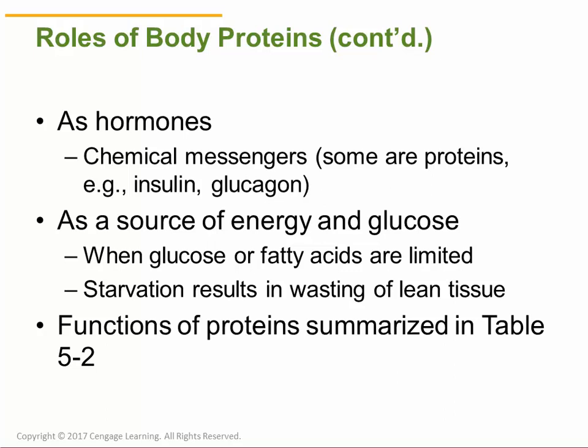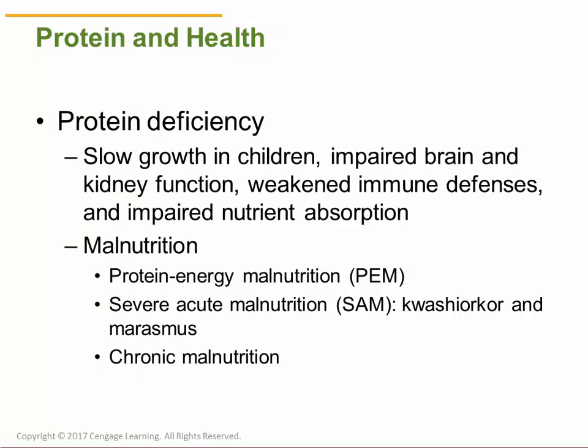And then Table 5.2 actually summarizes all of the functions of your proteins. Okay? Protein deficiency. It has a nice little section in here about protein deficiency. Protein deficiency can slow the growth in children.